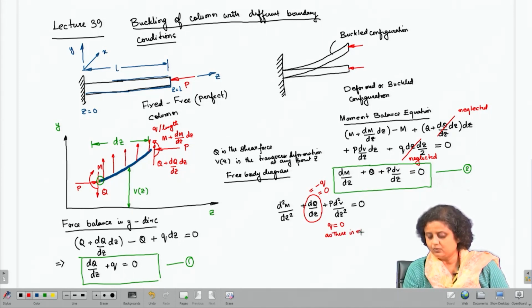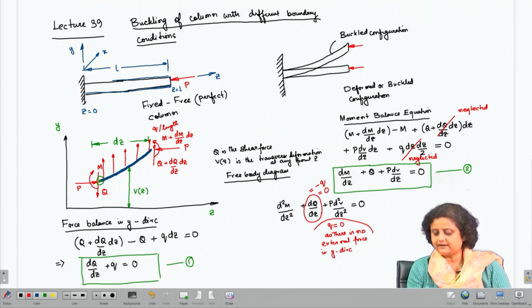There is no external force in y direction. Okay. So, if this is the case, then this dq by dz goes to 0.